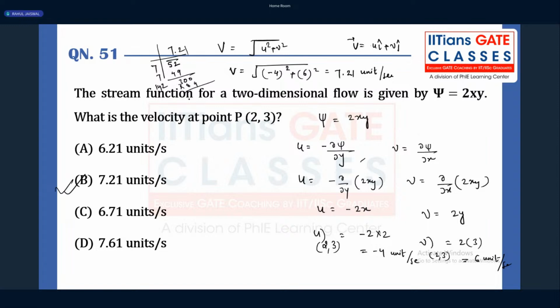So you get 7.21 or something like that. If you don't know how, it's very simple. We are getting the square root of 52, and 52 is very near to 49. The square root of 49 is 7, so it should be slightly more than 7. 7.21, not 7.61, right? So that should be the answer for question number 51.